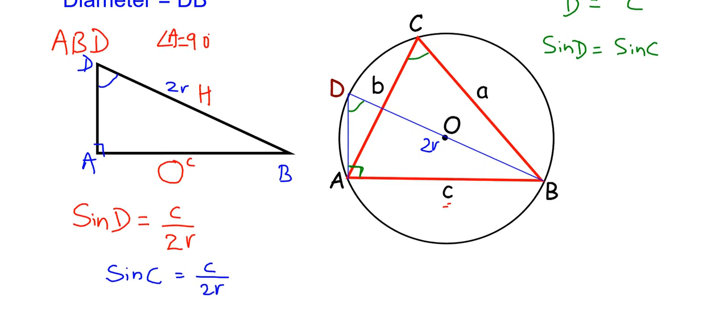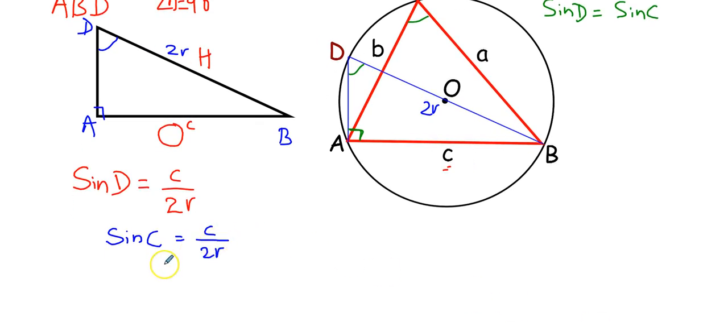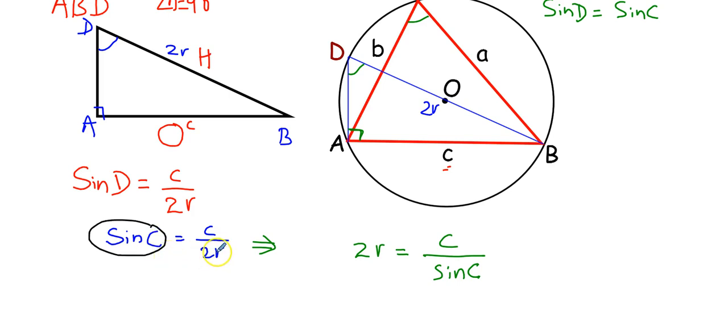Alright. Now I want to interchange those two, 2r and sine C. I can just switch them around, and we will write 2r is equal to lowercase c over sine of angle C. What I did here is just switch the places of sine C and 2r.